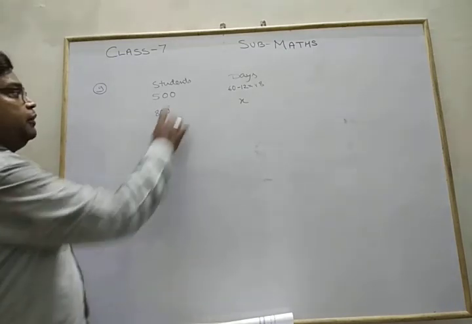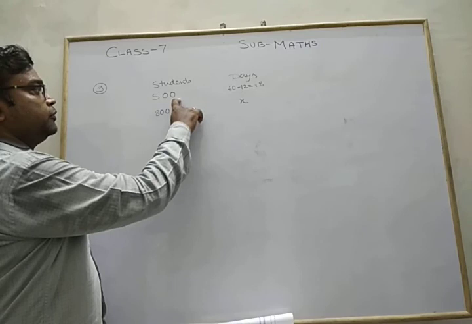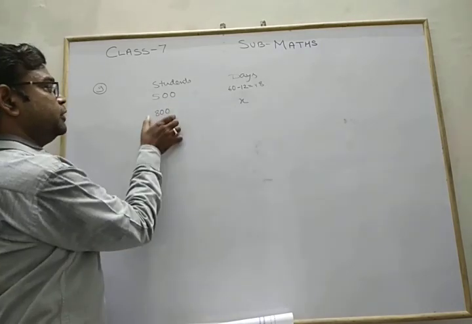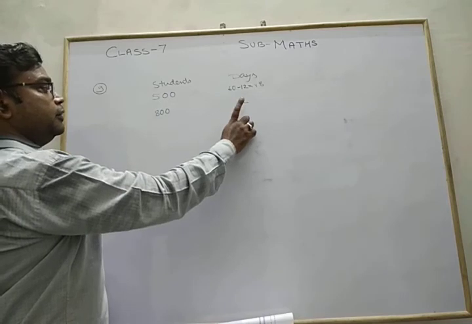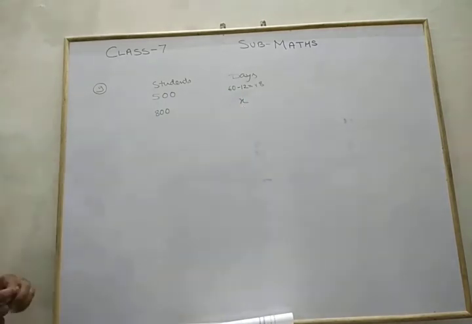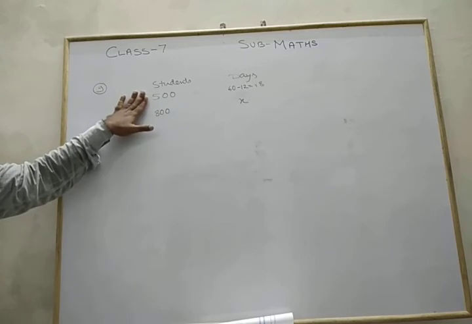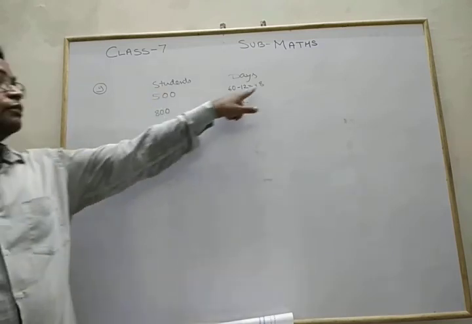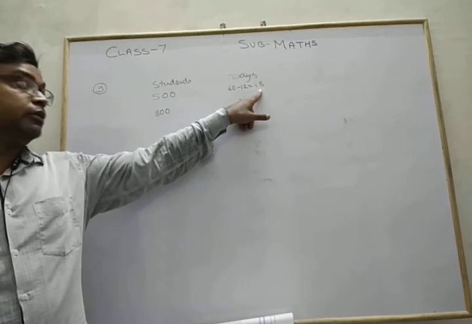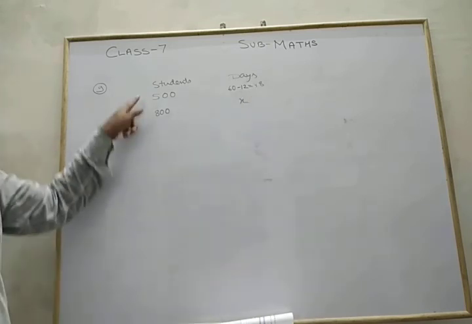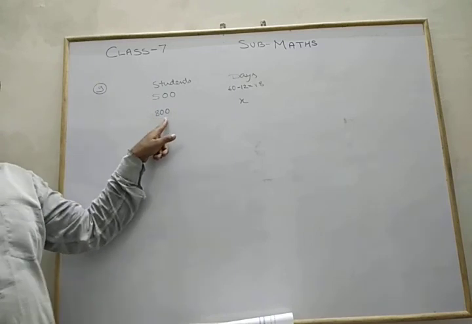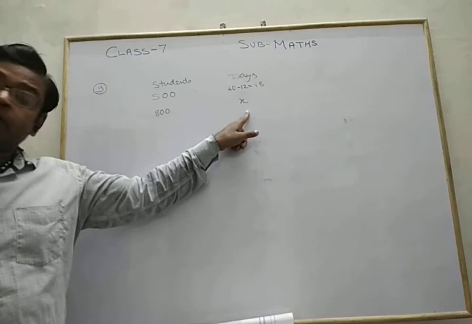So, if the number of students is less, days is 48. If we increase the number of students, then the days decrease. Once again, I am saying: for 500 students, the remaining ration lasts for 48 days. After 12 days, I am talking. But the number is increased to 800, so that fixed amount of ration lasts for fewer days.